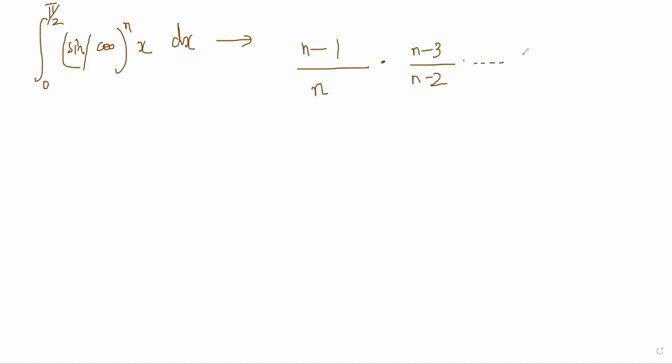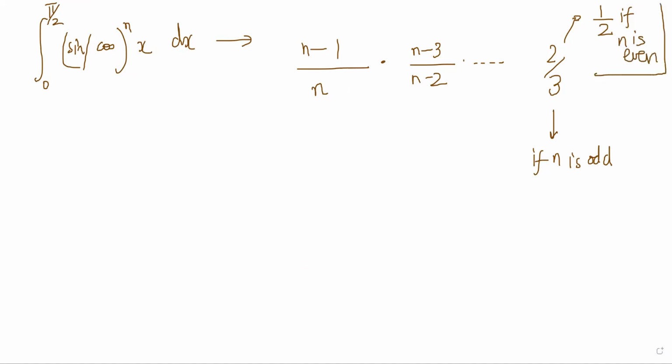You keep going till you either get 2/3 if n is odd, or in the other case, you will get 1/2 if n is even. And if n is even, you will not stop here, you will multiply by π/2. And if n is odd, you will stop here, right? So this is the way to remember.